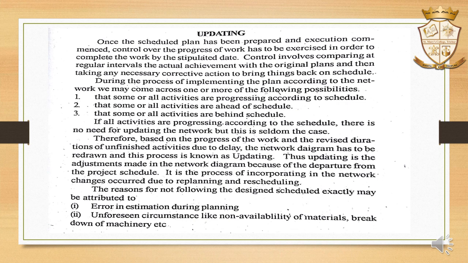Thus, updating is the adjustment made in the network diagram because of the departure from the project schedule. It is the process of incorporating in the network changes occurred due to replanning and rescheduling. It is due to errors in estimation during planning and unforeseen circumstances like non-availability of materials, breakdowns of machinery, etc.